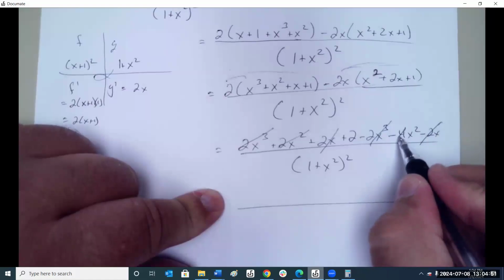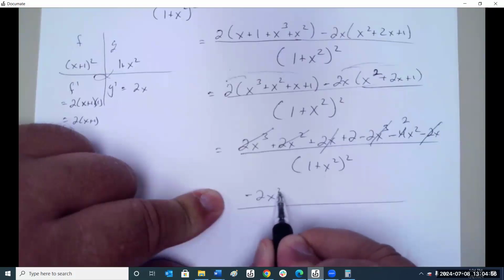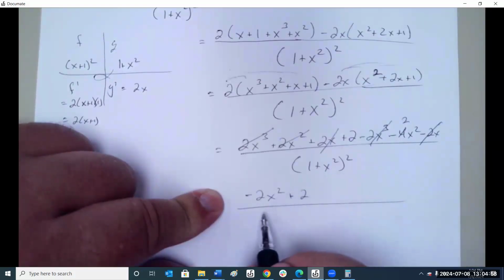Two x squared, so those two disappear. So we have minus 2x squared plus 2.